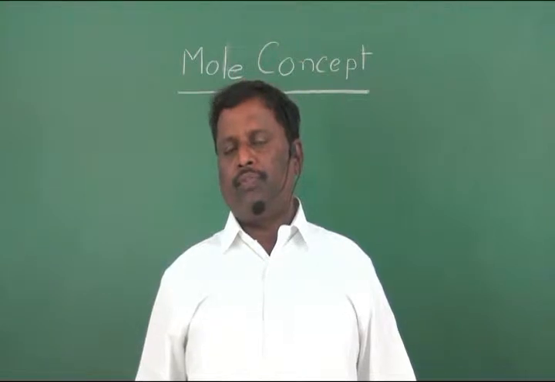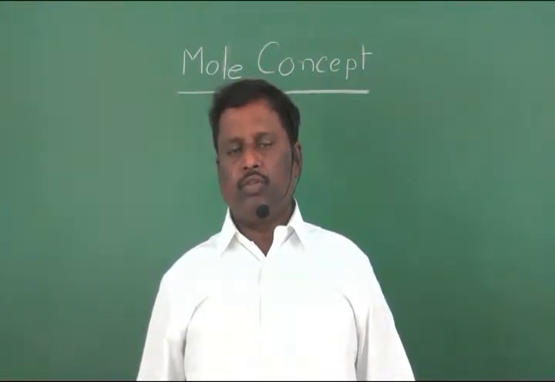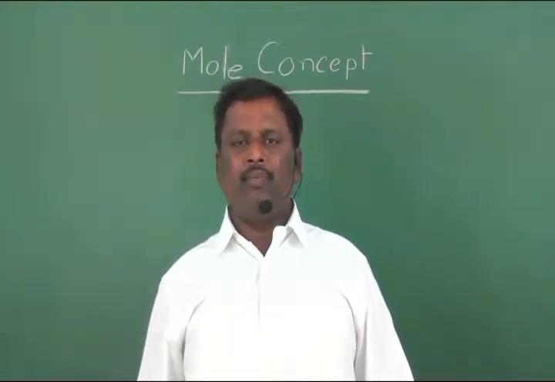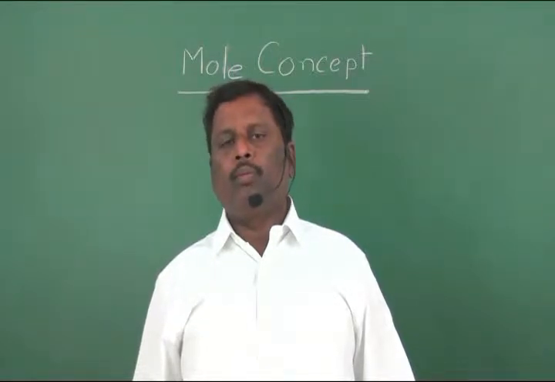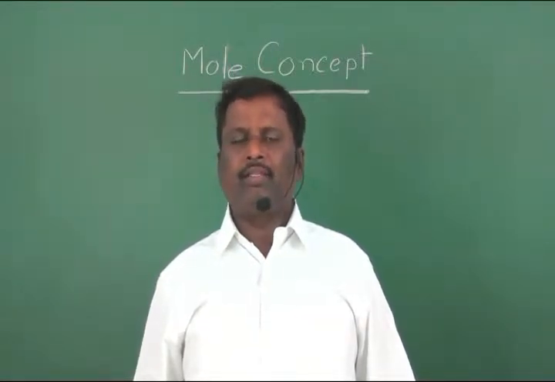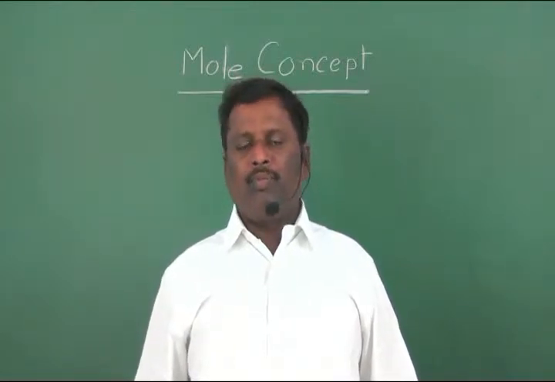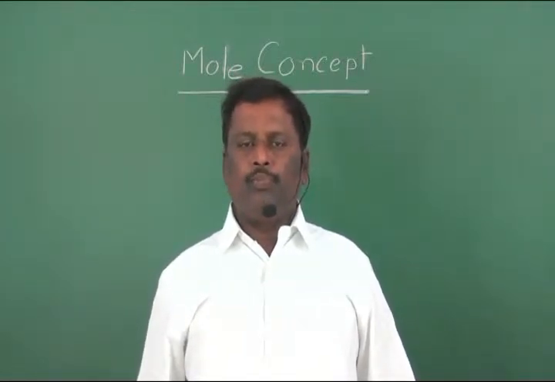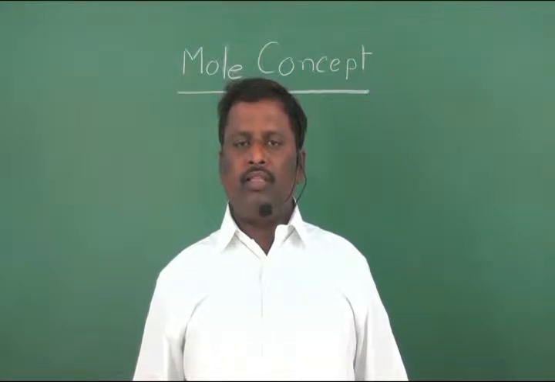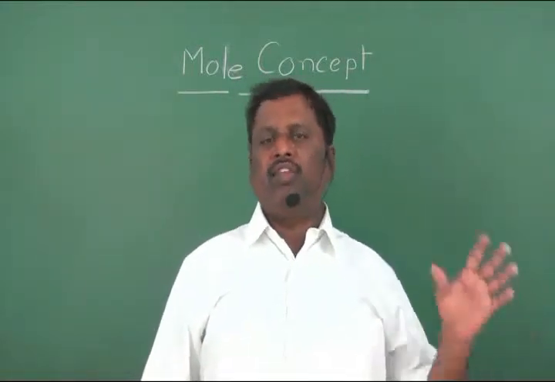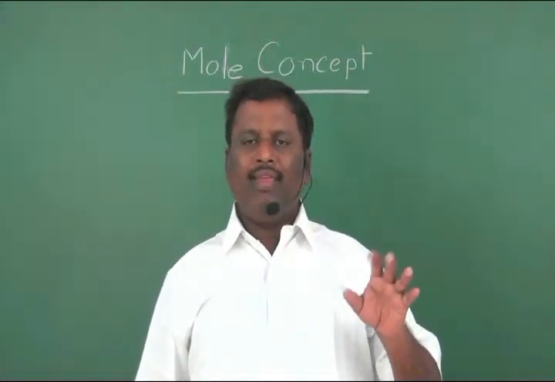So the mass of 1/12 of C12 isotope is said to be 1 AMU, 1 atomic mass unit. So molecular weight means any molecule is that many times heavier than 1 AMU.